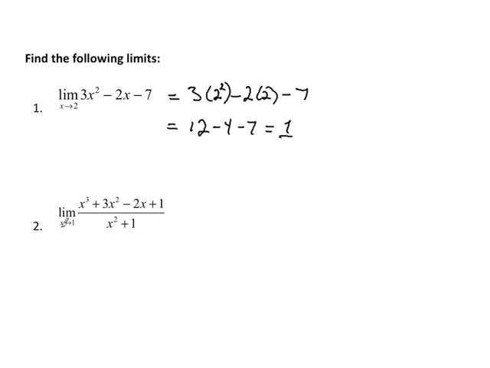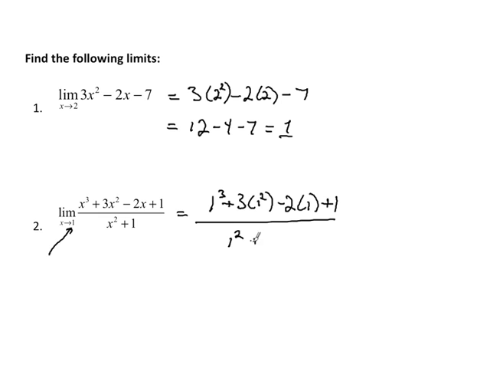The second one, I need a limit as x approaches 1 of all this. Well, this is a polynomial function. Or, I'm sorry, a rational function. Notice this is a polynomial in the numerator and a polynomial in the denominator. So this is nothing more than evaluating this rational function at 1. So this is going to equal 1 cubed plus 3 times 1 squared minus 2 times 1 plus 1 divided by 1 squared plus 1.